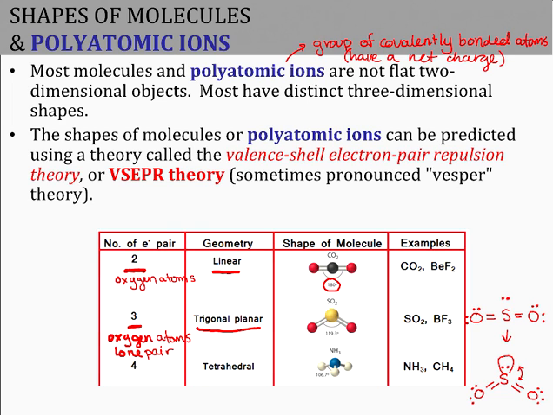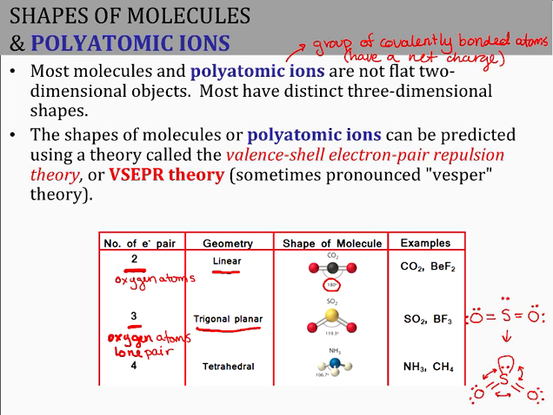So these are pretty far apart, these are pretty far apart, and then these are also far apart from each other. So it kind of looks like a triangle. But the name comes from the fact that we have 3 groups, so trigonal. And then planar refers to the fact that all of these bonds are in the same plane. So they're kind of just sitting flat on a piece of paper almost.